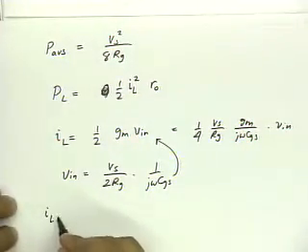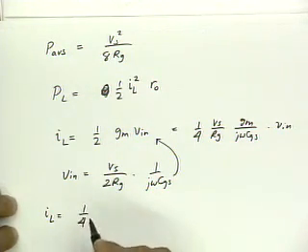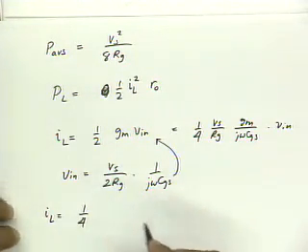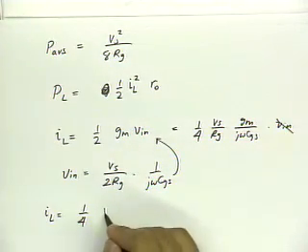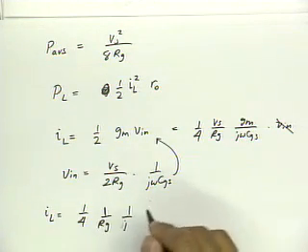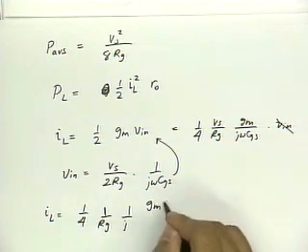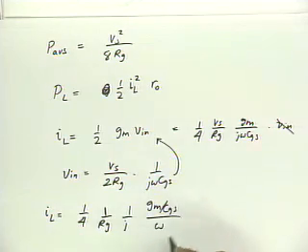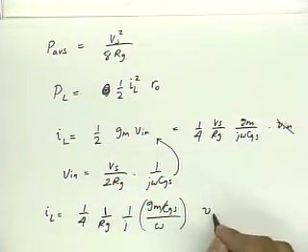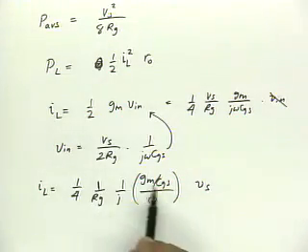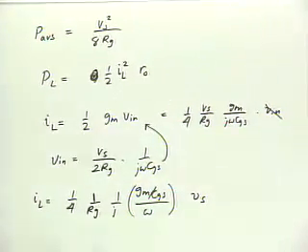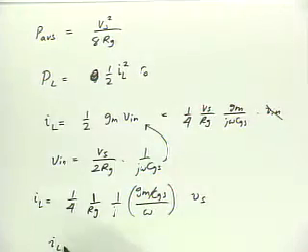And so the load, I could write that as 1/4, this is not there anymore, 1/4, let's say, 1 over Rg, 1 over j, Gm over CGS over omega times Vs. And of course we recognize Gm over CGS to be the omega t of the device.